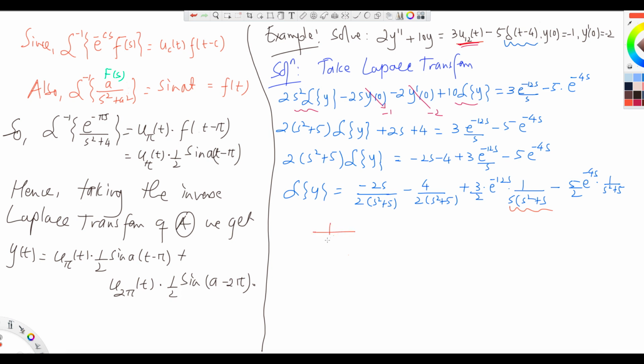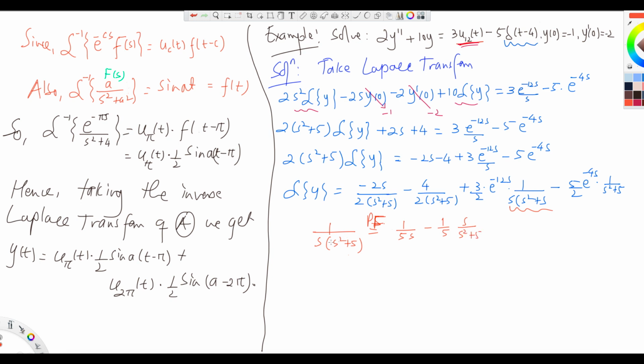You will get 1 over s times s squared plus 5. If you do the partial fraction for that, what do you get? You basically get 1 over 5s minus 1 over 5 times s over s squared plus 5.